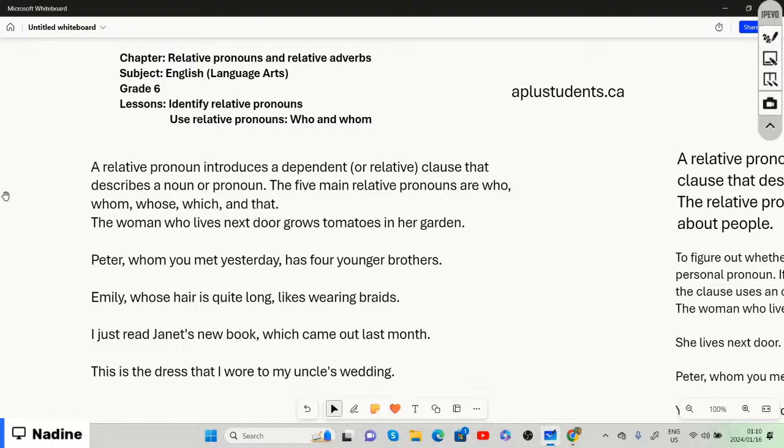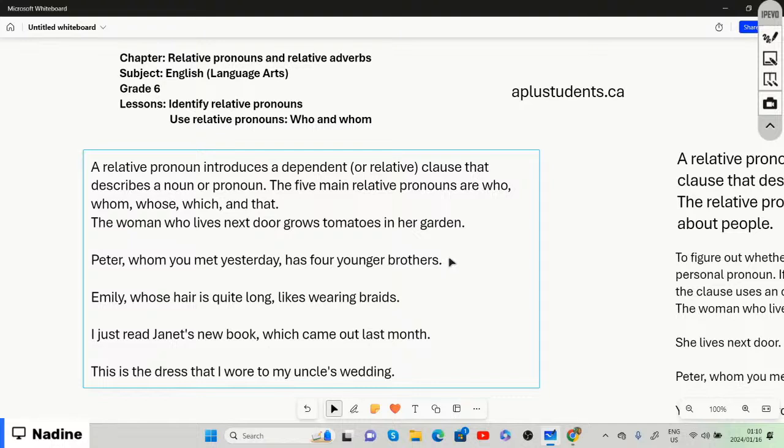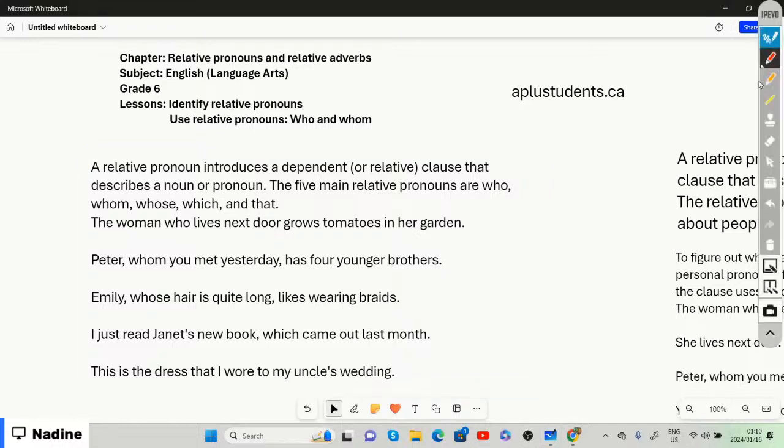Right? So it says the woman who lives next door grows tomatoes in her garden. So if we choose the relative pronoun, then it is who. Who lives next door?